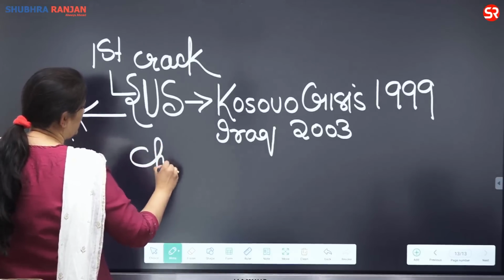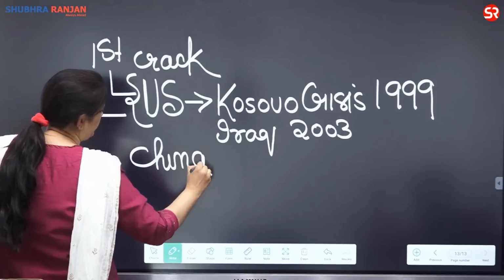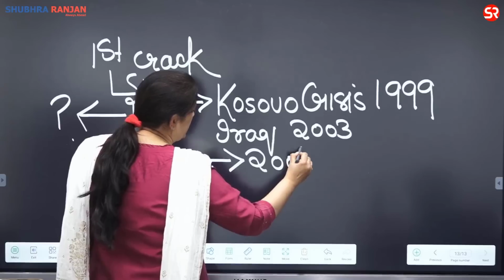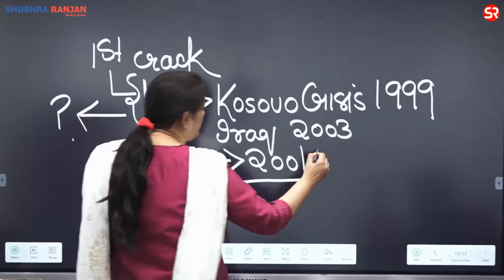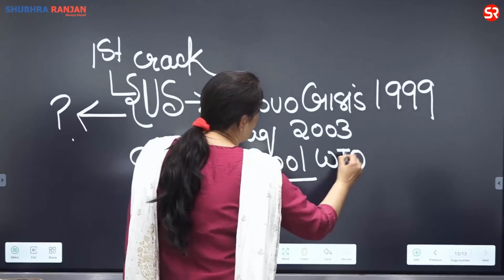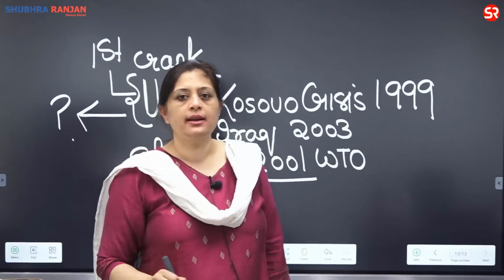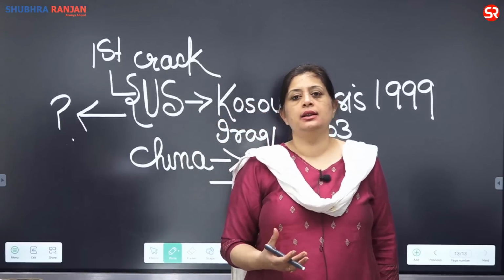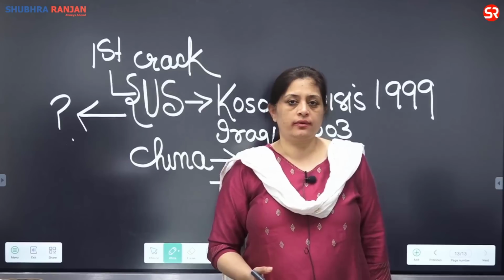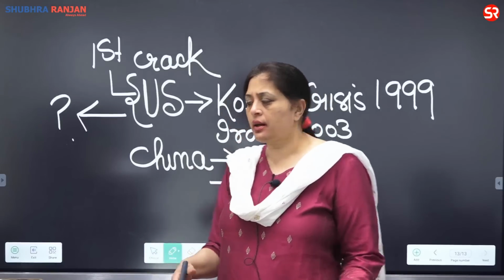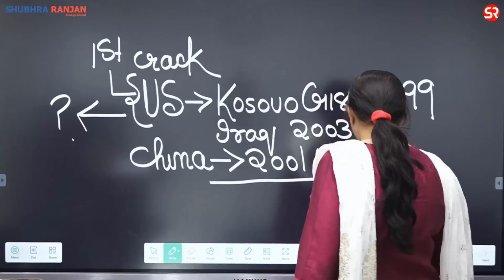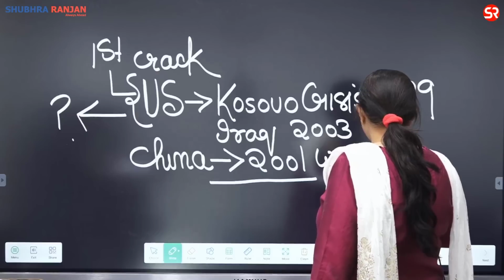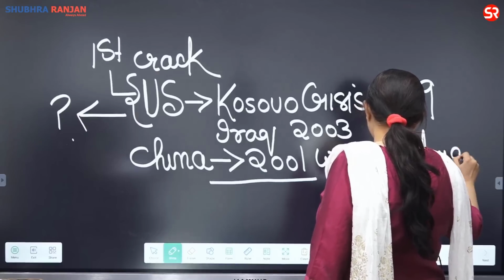Then we see China. Once China was integrated in WTO, China did not stick to the promises, to its guarantees, adherence to the rules of WTO. Rather, China kept on flouting the norms for its own advantages.